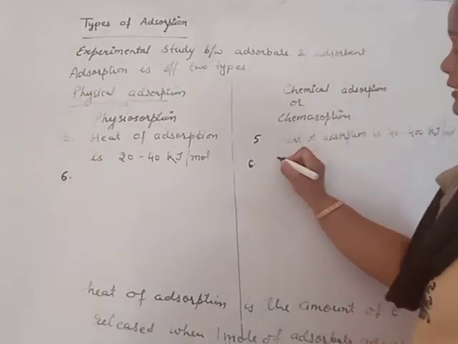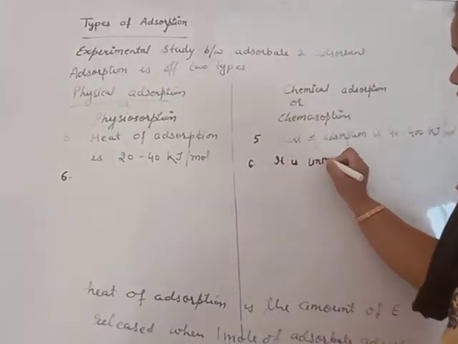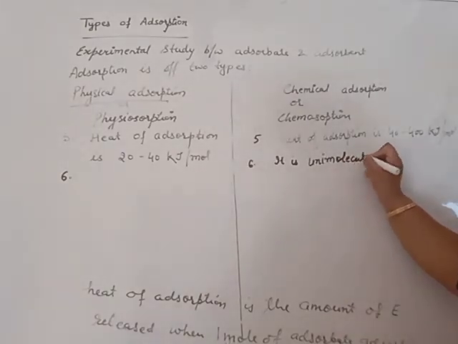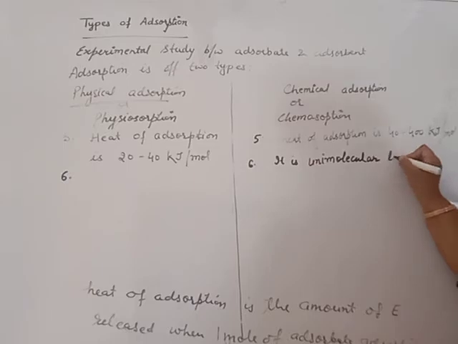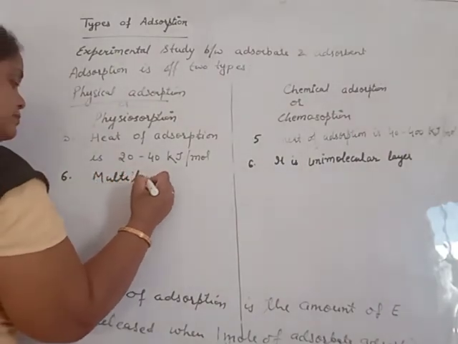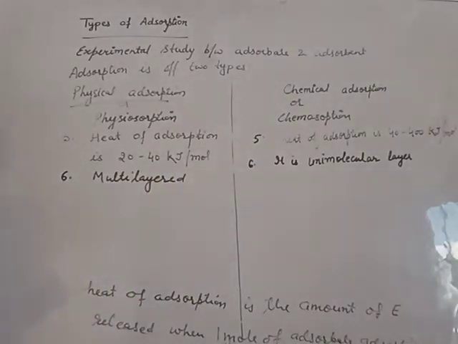So we can say chemical adsorption is unimolecular layer, or physical adsorption is a multi-layered process.